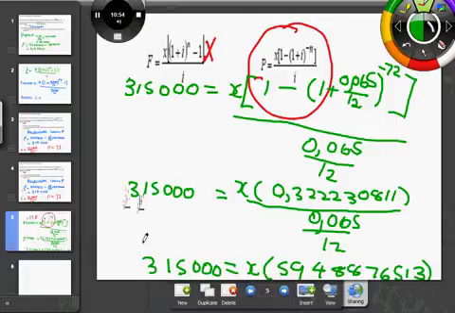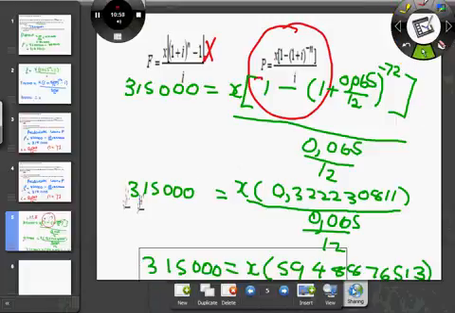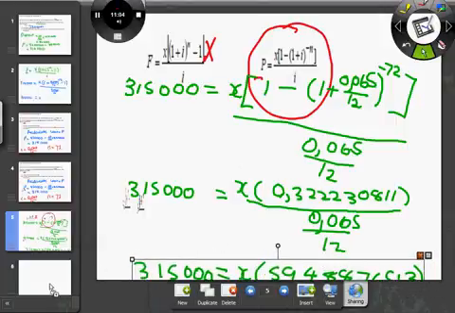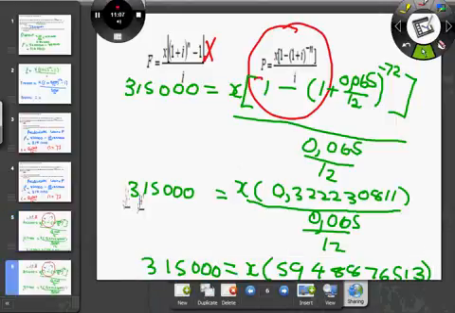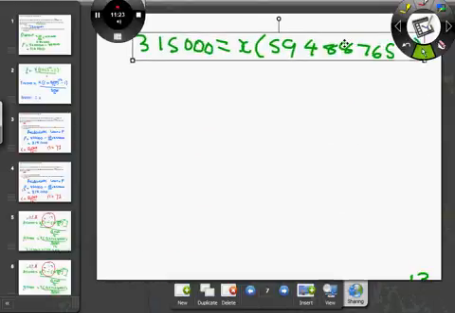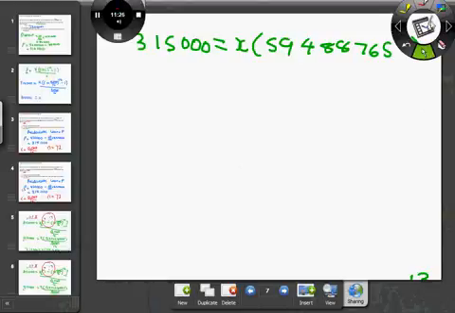So now we have got this one. Let me just take it to the other page. There you go. So this is where we are, and now we want to work out our x.